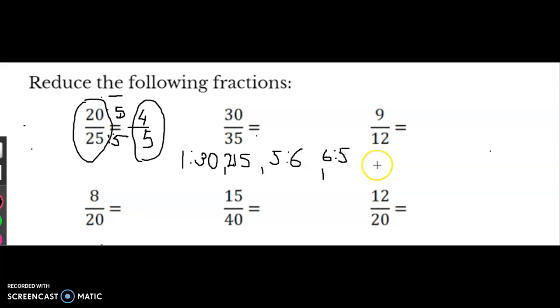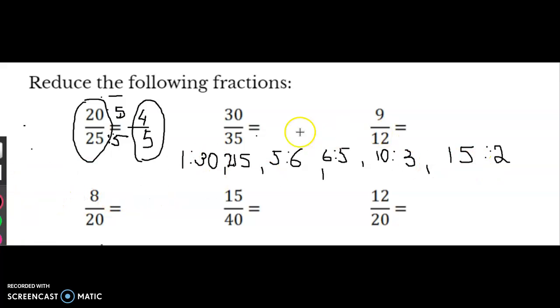Divided by 7, cannot, by 8, no, by 9, no, by 10. Divided by 10 is 3. Oops, sorry. Divided by 11, no, by 12, no, by 13, no, by 15, 2. Okay, let's stop here.